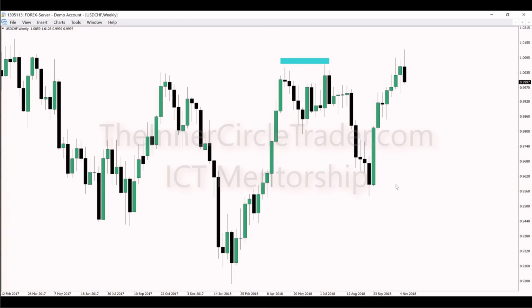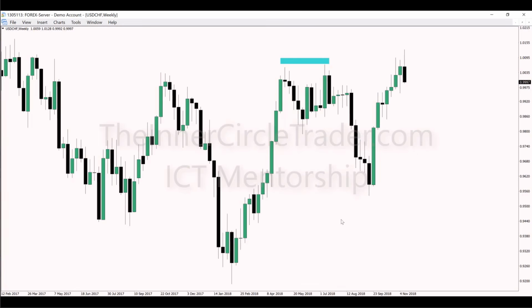On the weekly chart, there are 2 market maker models. The weekly market maker buy model and continuation is seen here. We have consolidation, drop down to a level of sell side liquidity, then a rally up and continuation on the upside.